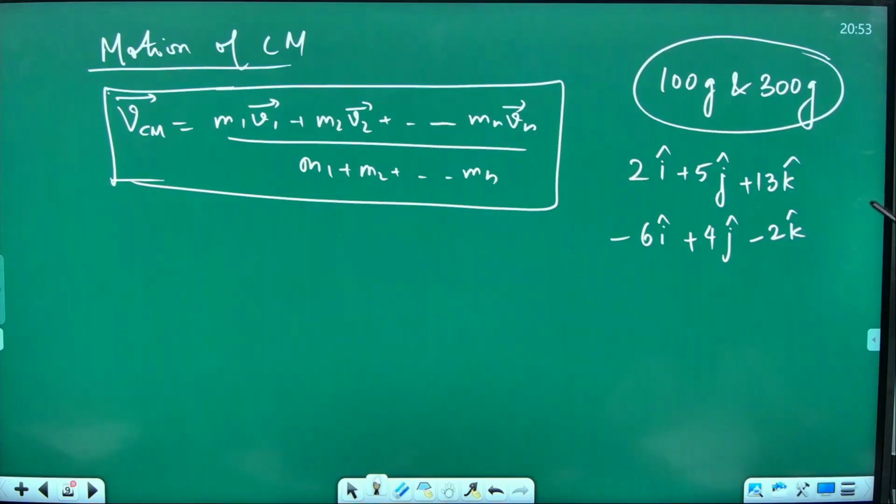I have written on the board also. First one is 2i cap plus 5j cap plus 13k cap. Second one is minus 6i cap plus 4j cap minus 2k cap. Obviously in meters, everything is in meters.